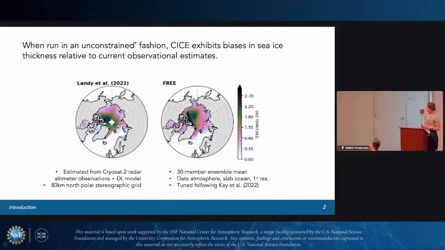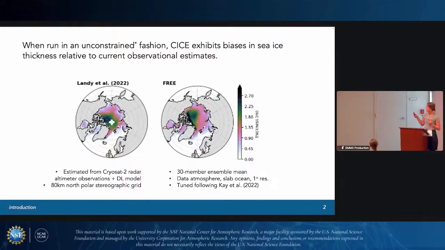And I'm illustrating one front-facing version of model bias in the sea ice model by showing you here on the right an ensemble mean from a 30-member set of simulations that's forced by a data atmosphere and has been tuned to a less melt scenario in terms of the annual average sea ice thickness in that set of simulations.